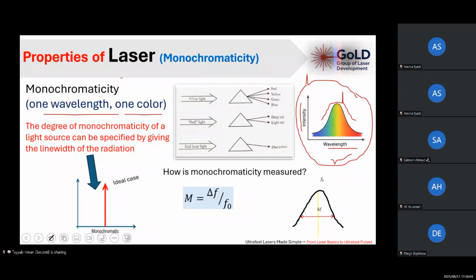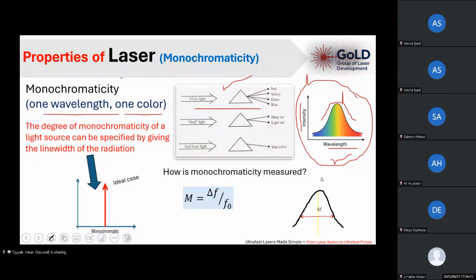Anyway, if you see here, you know that white light has all the colors. So in the case of white light, we see a much broader spectrum. In the case of red light, you can see different shades of red. If you use a prism, what the prism actually does is disperse the light.